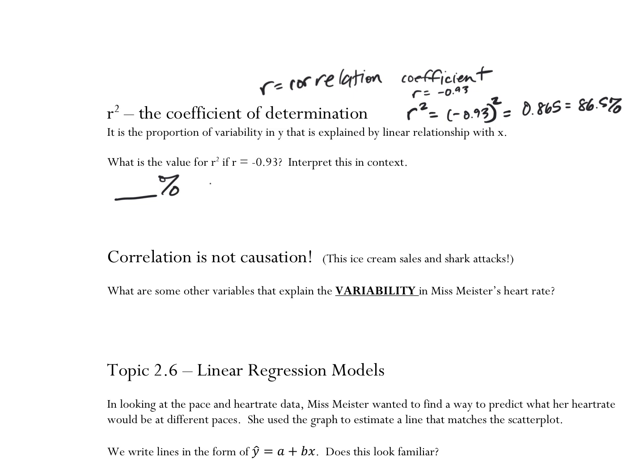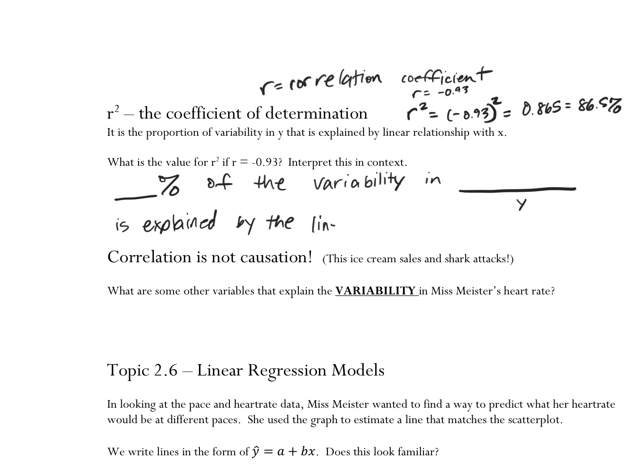it tells you what percent of the variability in y is explained by the linear relationship with x. I have a great demo to kind of explain this later.